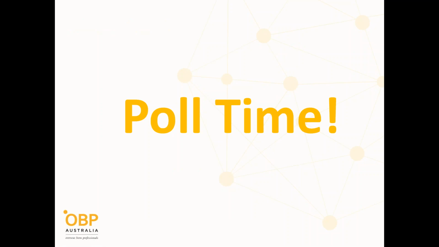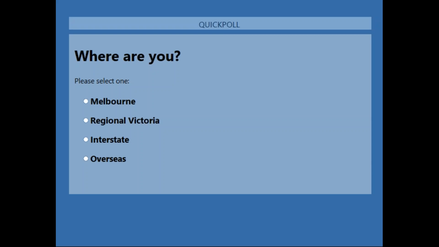Okay, we might go through and ask a few questions while we are waiting. So, questions of you, that is. I'm going to ask you the first question, that is, where are you? So if you could tell me, please, whether you are in Melbourne, regional Victoria, interstate, or overseas. I'll give you a bit of time to vote there. We've got 50% have registered their vote.